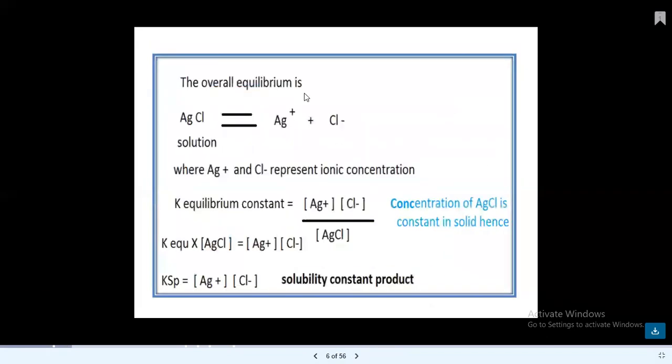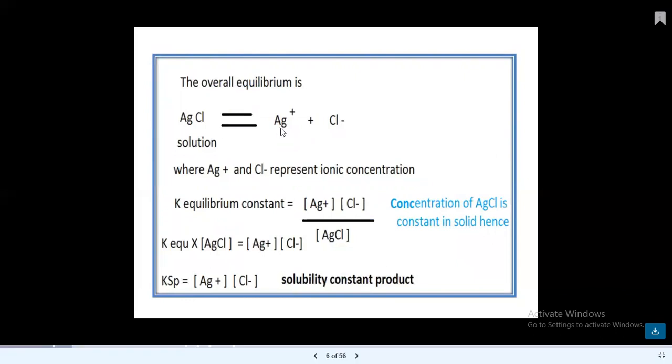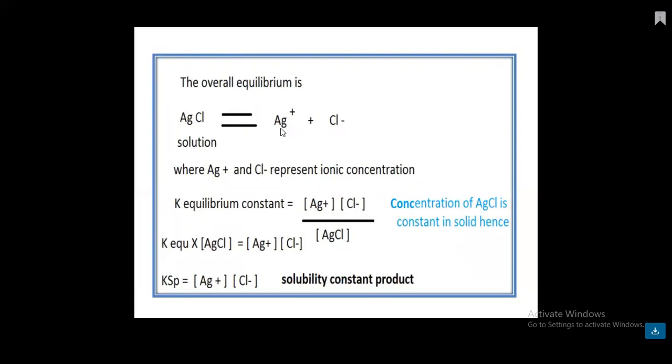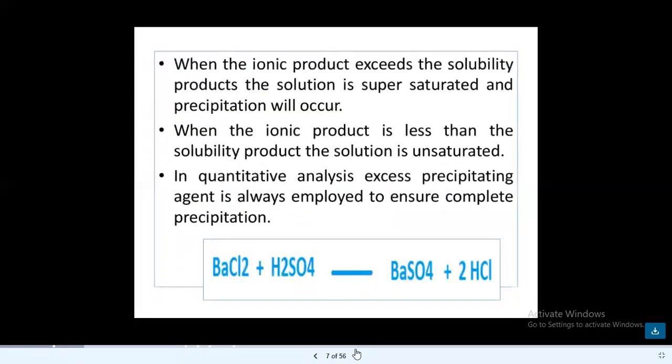The overall equilibrium is that silver chloride is in the solution, which depends upon the concentration of silver and chloride ion. The solubility constant, that specific solubility constant, totally depends upon the concentration of the silver or the chloride ion present in the solution.